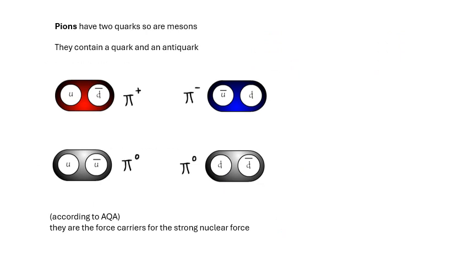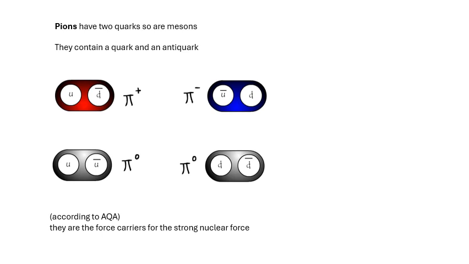Pions. Now, pions have got 2 quarks, so they are mesons. Do you remember, baryons have got 3 quarks, mesons have got 2 quarks, they're middleweights. And pions contain a quark and an antiquark. You've got pi plus, pi minus, and then there's two types of pi naught.